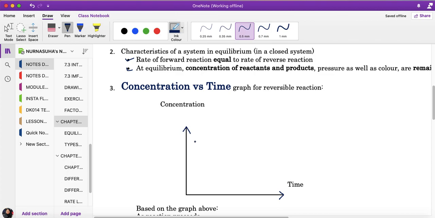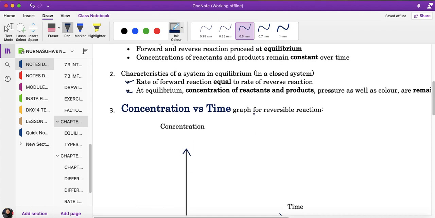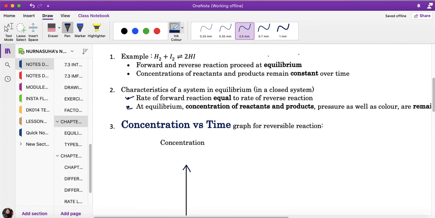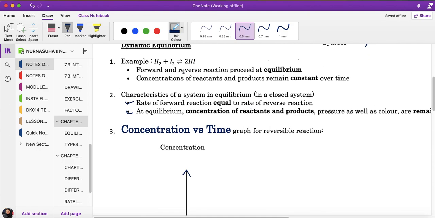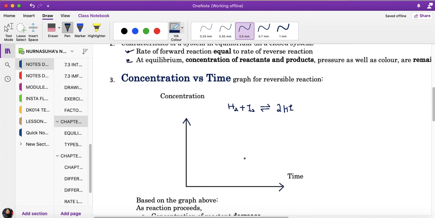Okay, kita ambil this reaction: hydrogen plus iodine gas. Bila dia bertindak balas, dia akan menghasilkan 2 mol hydrogen iodide. However, hydrogen iodide ni, dia akan bercerai menghasilkan semula reactant tu tadi.